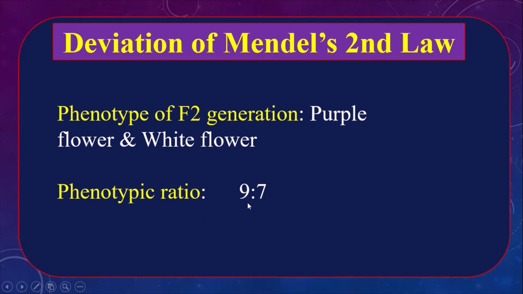Phenotypic ratio 9:7, but we know the phenotypic ratio should be 9:3:3:1 on the basis of Mendel's law for the second generation.